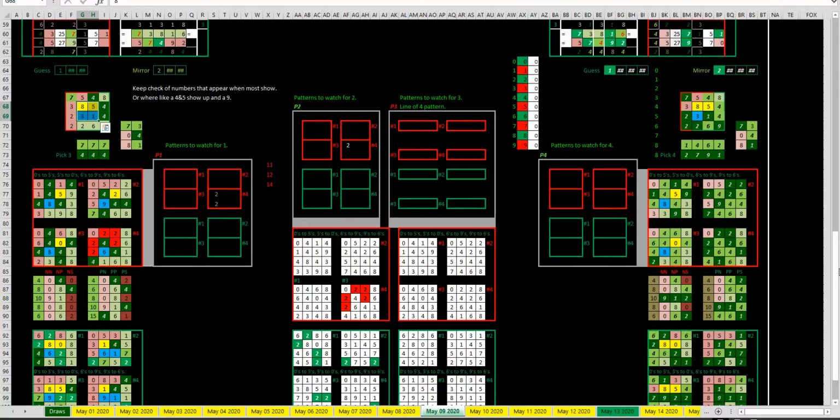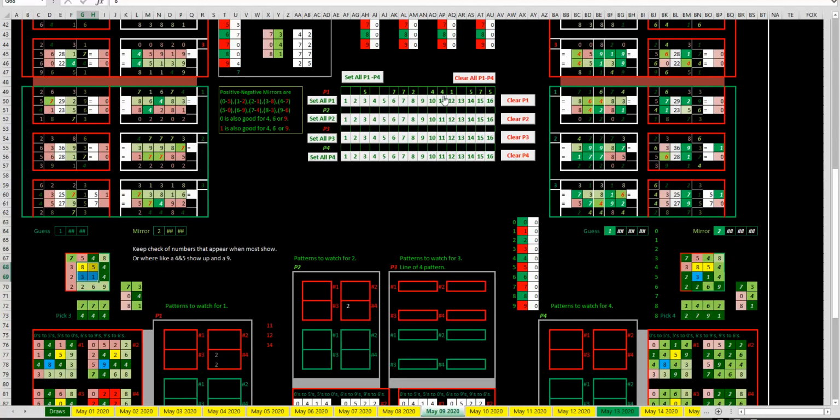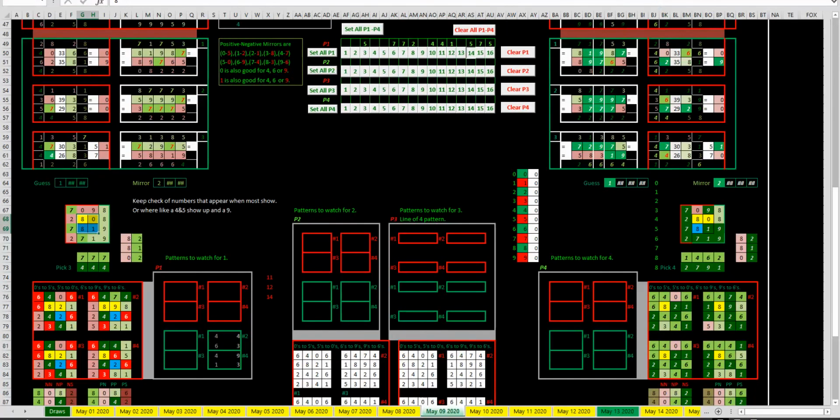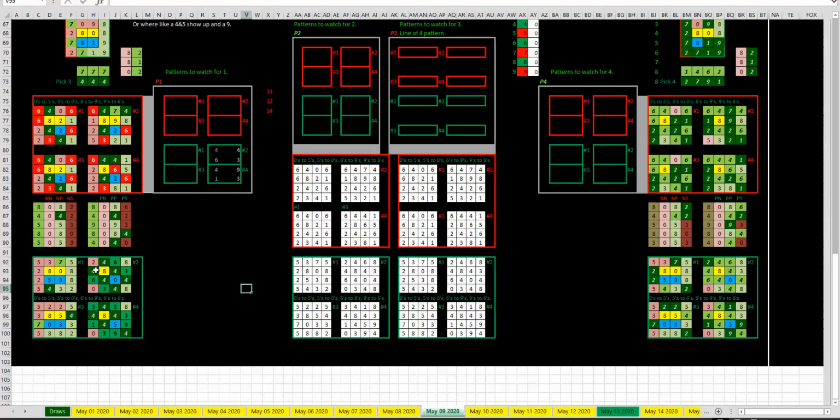Okay, let's go to pattern 14. And here you can see you have patterns of 4 showing up as they're programmed to show, with here, here, and here, and the same thing on the reverse here. Down here on number 4, you have here and here, here and here, and then a 4 down here in the corner.